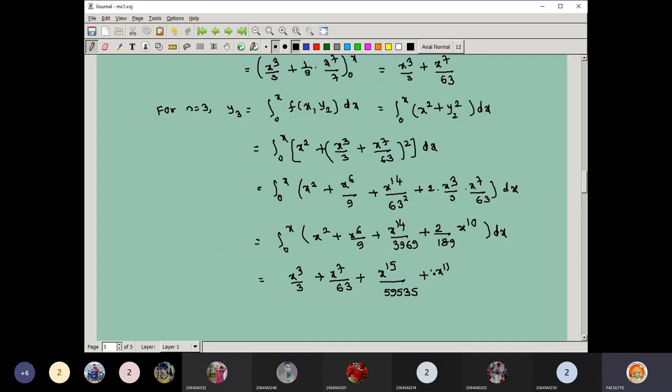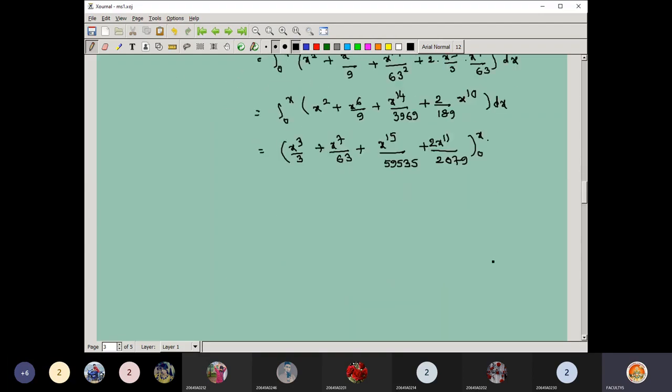So I can write 2 times x to the power of 11 divided by 11 into 189, so 2079. This is your integration, and you are substituting the limits 0 to x.